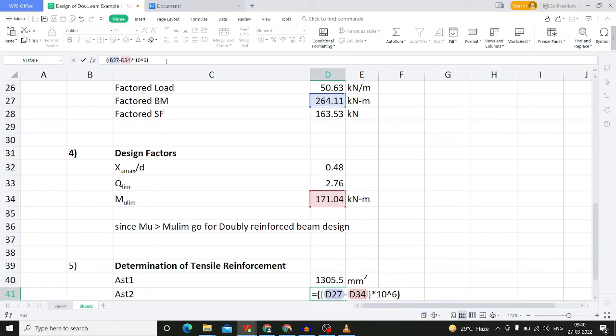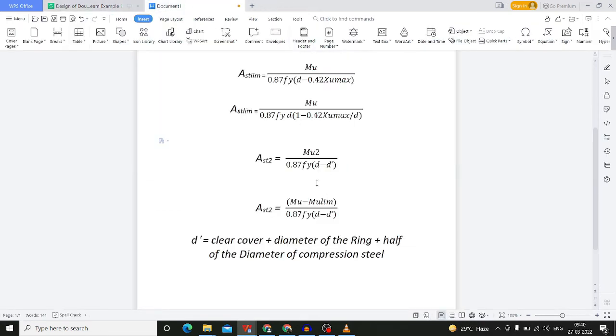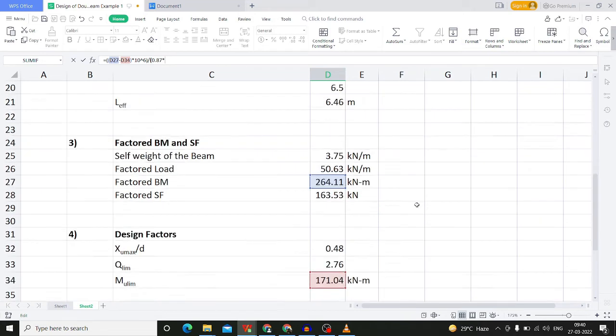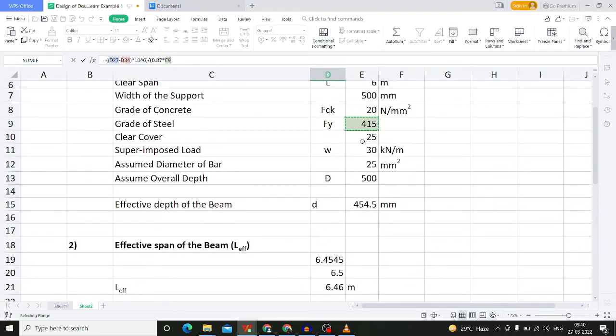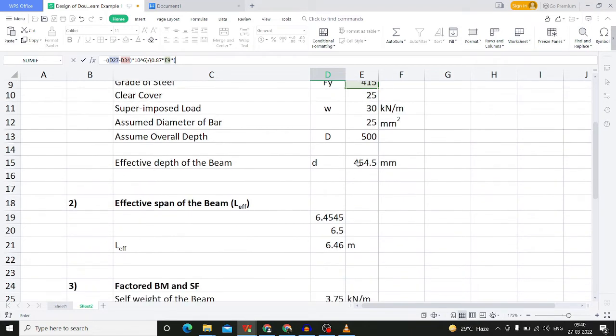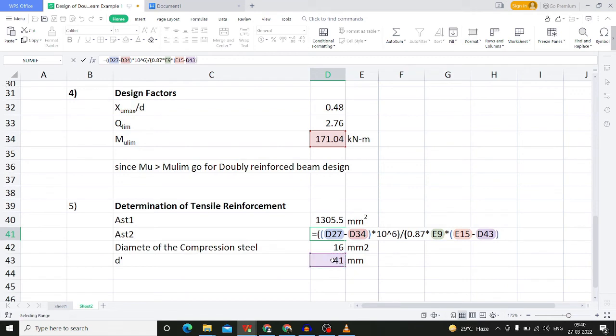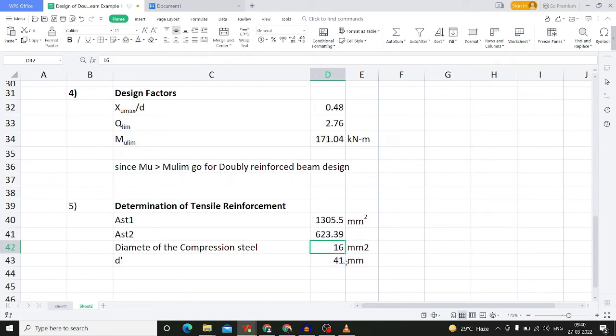Then we divide by the denominator, 0.87 Fy, where the grade of steel is 415, into bracket d minus d dash, bracket close. So we got AST2 in mm square.